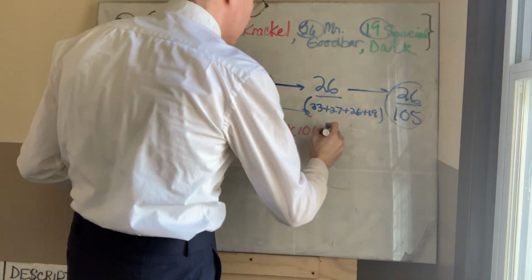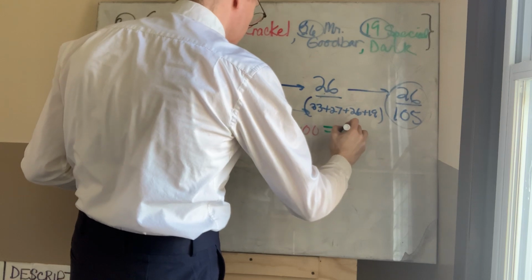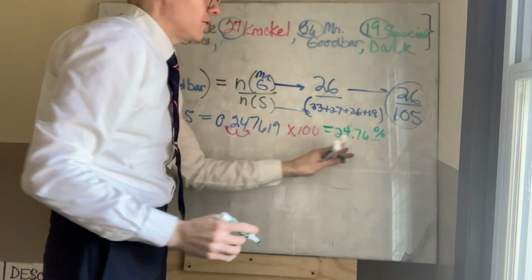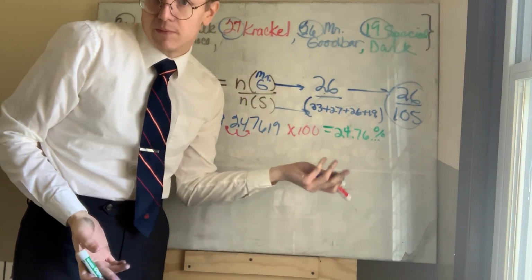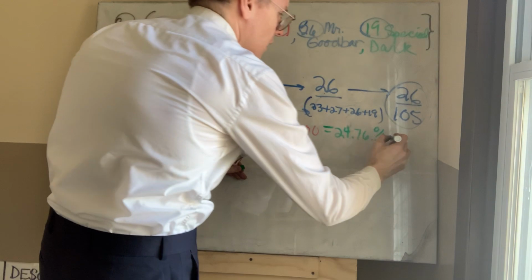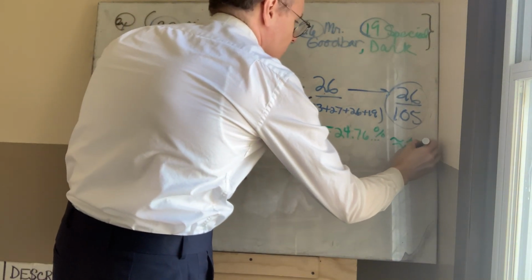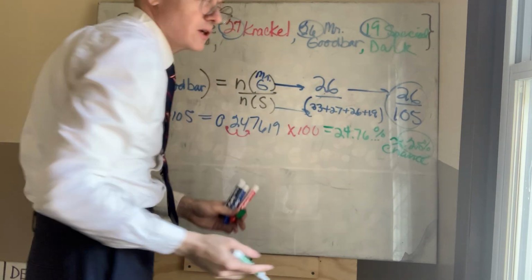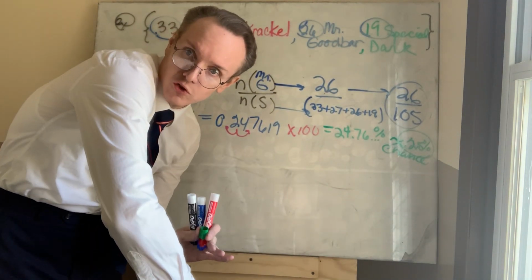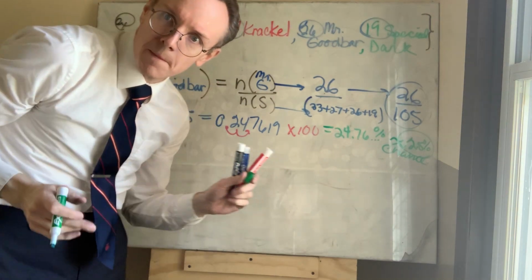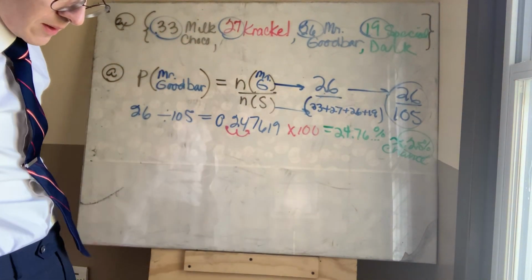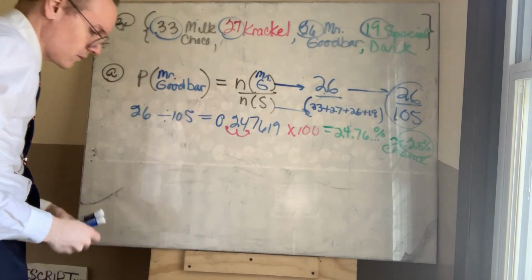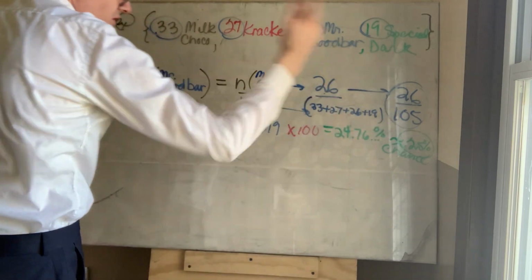Which means it's 24.76, whatever it is, percent. If they don't specify, maybe round it to a whole number. You'd say it's about a 25% chance. Just randomly sticking your hand into a bag of Hershey's miniatures and going, voila, Mr. Goodbar. 25% chance is not that great. But it is possible because it's not zero.